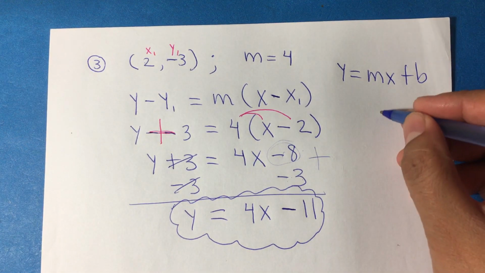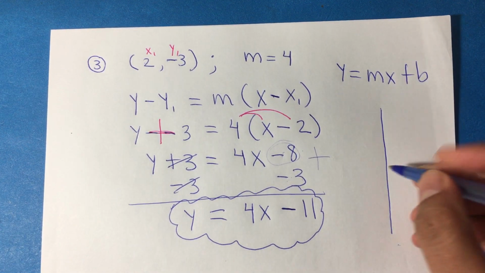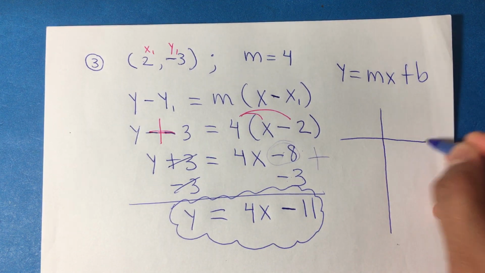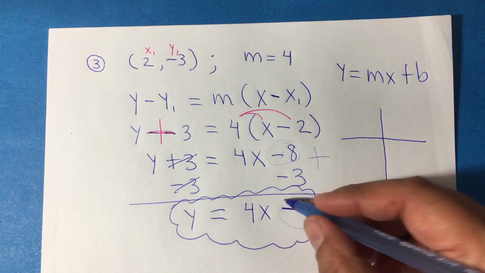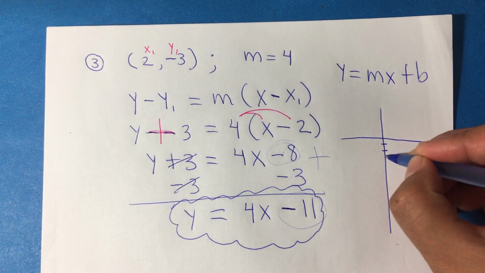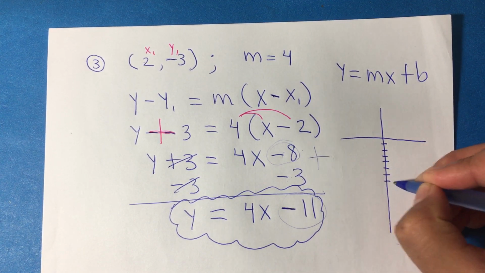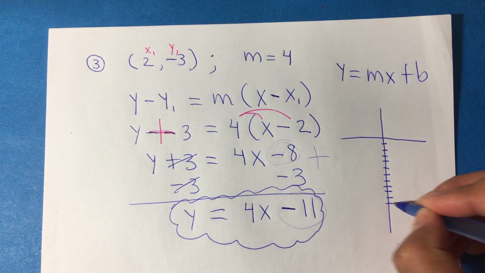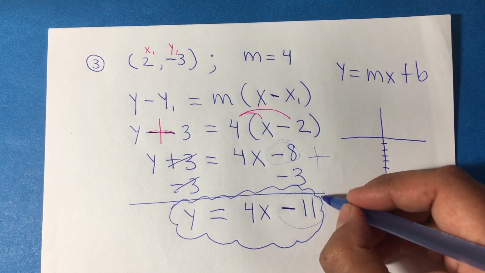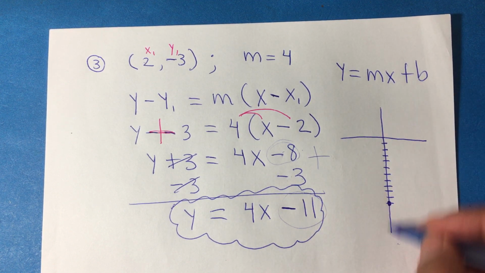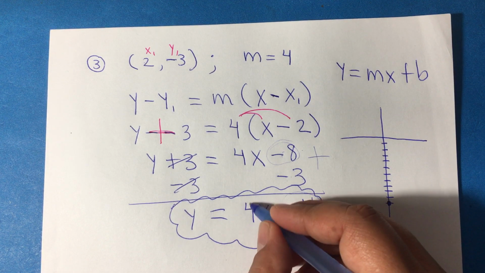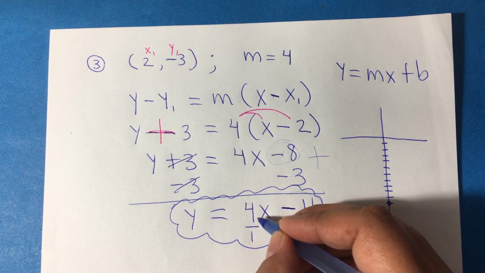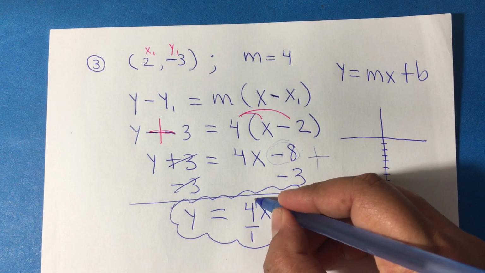I'm mentioning the graph. I just want you to see the relationship. If this is my initial point, it's going to go 1, 2, 3, 4, 5, 6, 7, 8, 9, 10, 11 on y. Remember that this is my initial point, always on y. And then the slope is rise over run. Because it's positive, it's going to go up.